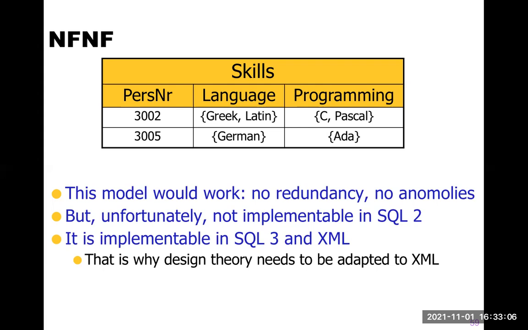The same thing for programming. So I can't use it for foreign keys. I can't use it in joins. Suppose people who know the Greek language get some extra money for their work: the salary needs to be increased by 10% just for knowledge of Greek.